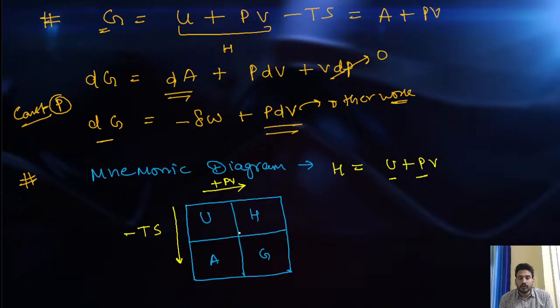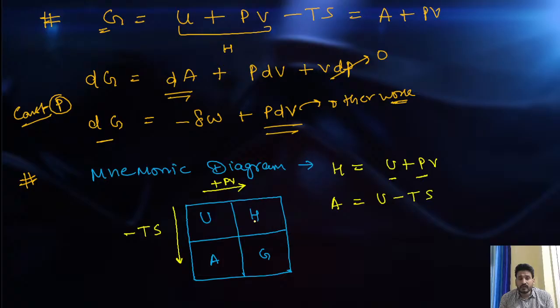Okay. You want A. How do you get A? U minus TS, and you reach A. So A is equal to U minus TS. If you want G, there are two methods.